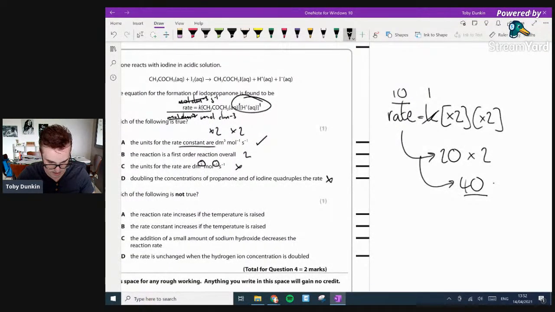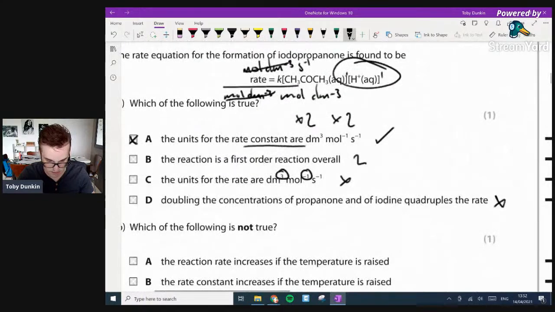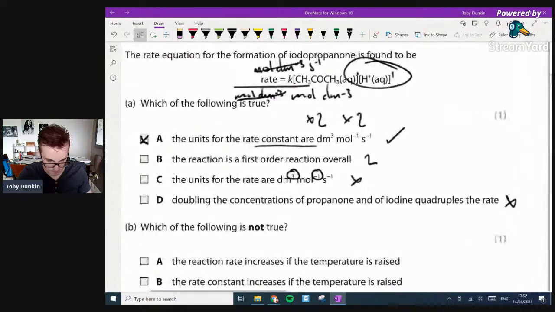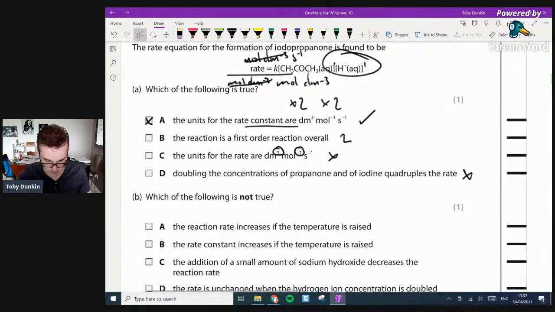I had the same problem with the last one. Have I made a mistake with my units on the rate constant? dm cubed, moles to the minus 1 and s to minus 1. Oh no. Which one of the following statements is true?